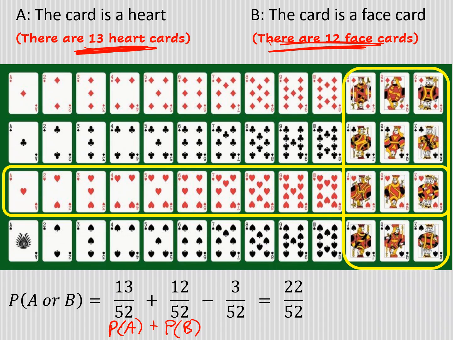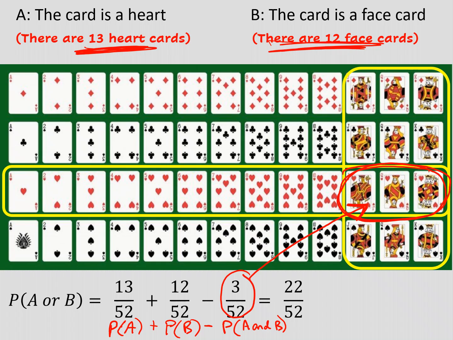Then we got to subtract what we double counted, right? We counted these three cards. The Jack of Hearts is a face card and also a heart. The Queen of Hearts is a face card, also a heart. So we double counted those. There's three cards that were counted twice, part of the 13 and also part of the 12. So we gotta subtract that. So that's minus the probability of A and B.